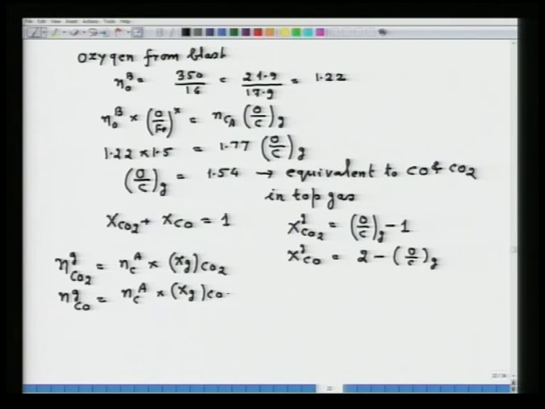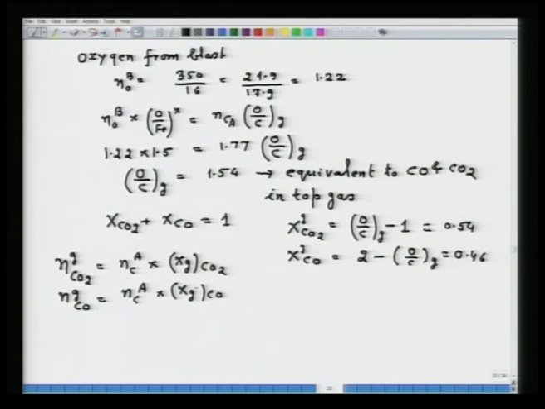So, from this x_G,CO2 and x_G,CO I can calculate: x_G,CO2 will be equal to 0.54 and x_G,CO will be 0.46.